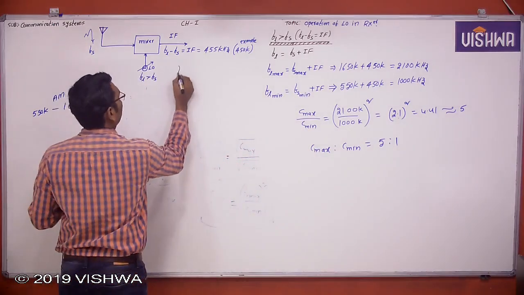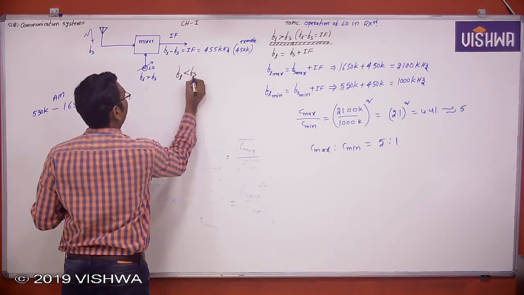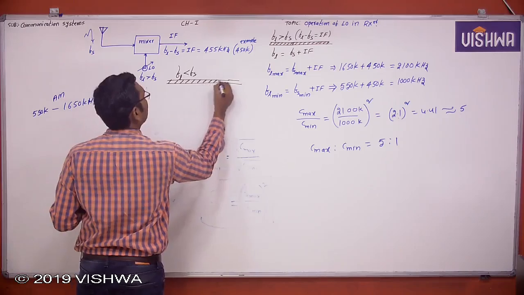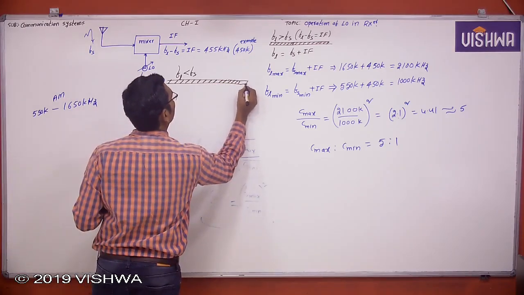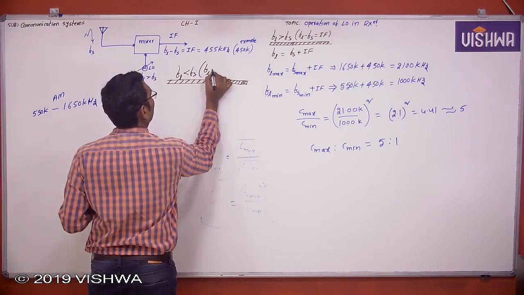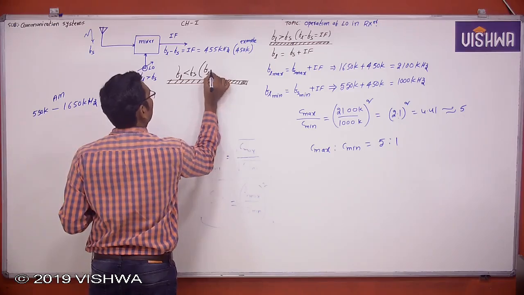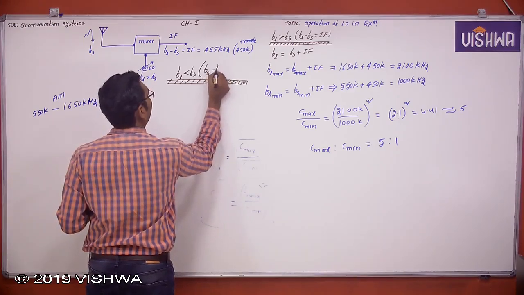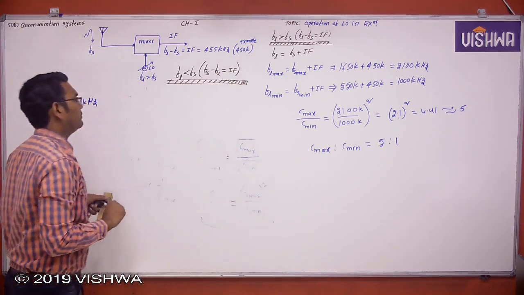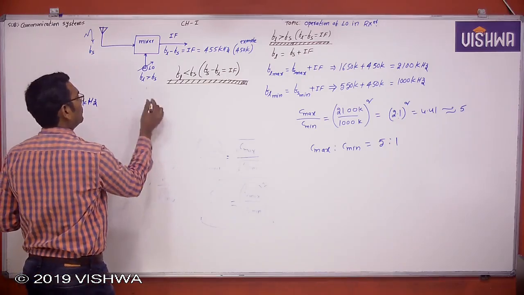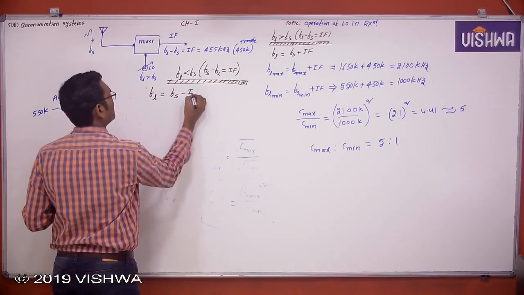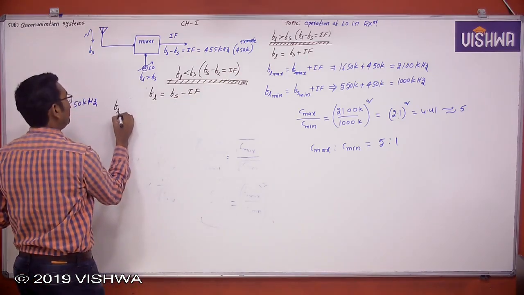Now if Fl is less than Fs, what happens? Fs minus Fl is equal to IF. So here Fl is equal to Fs minus IF. Now what is Fl maximum?